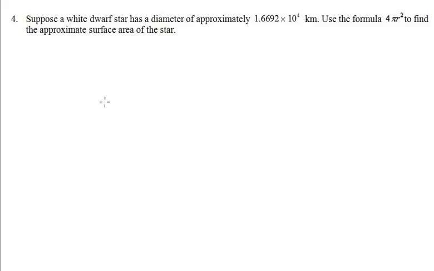Okay, so number 4. Suppose a white dwarf star has a diameter. This is just some science stuff. White dwarf star diameter of approximately 1.6692 times 10 to the 4th. So first, let's figure out what that is. Well, we write it 1.6692, and that's times 10 to the 4th.